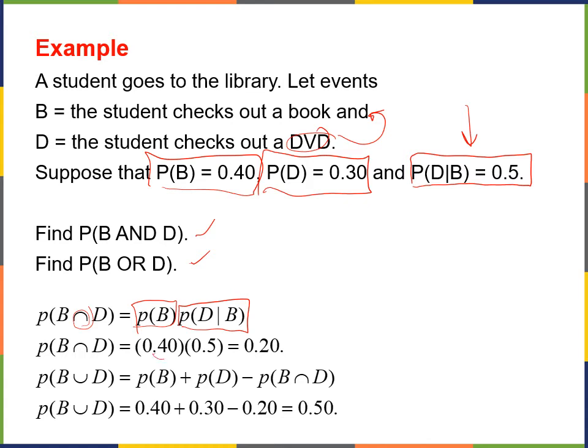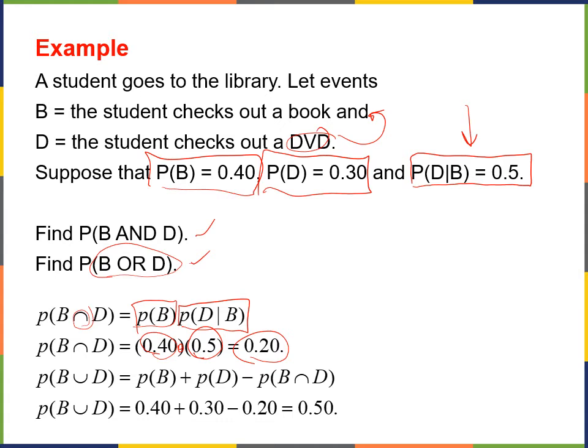Since we have the probability of B to be 0.4 and D given B to be 0.5, the and says multiply, and if we multiply 0.4 times 0.5, we would get 0.2. So that's the probability of B and D. What's the probability a student checks out a book and checks out a DVD? Okay.